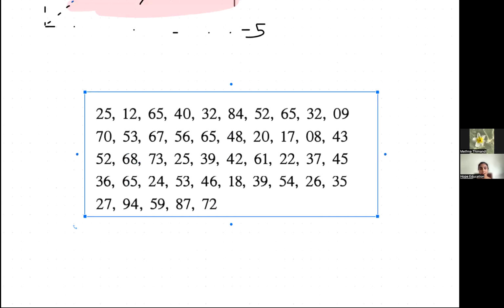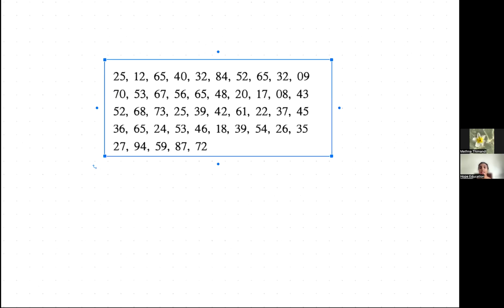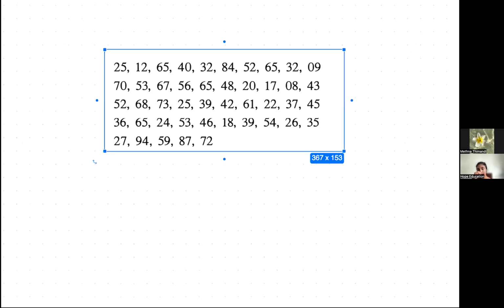Okay. So we are given a set of data like this, right? These are the marks students obtained for a certain test, it could be a term test, unit test, whatever.